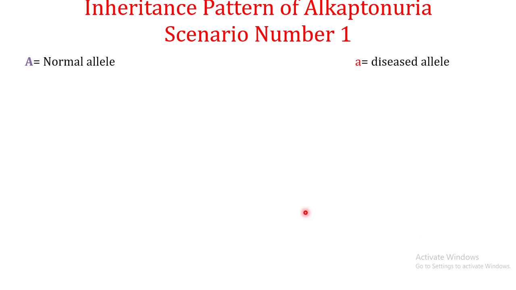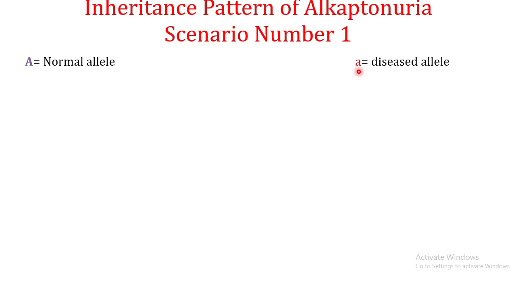We are going to represent the normal allele by the capital A for Alkaptonuria, and the diseased allele by the small a. As we are talking about human beings, we know that they are diploid in nature. What I mean by that is that there are two copies, on the homologous chromosomes.